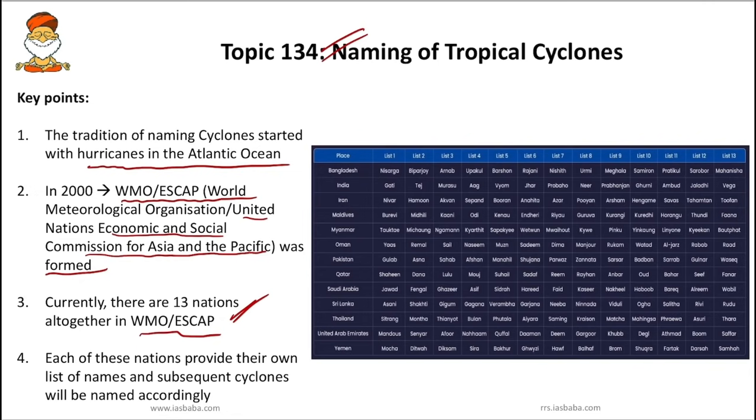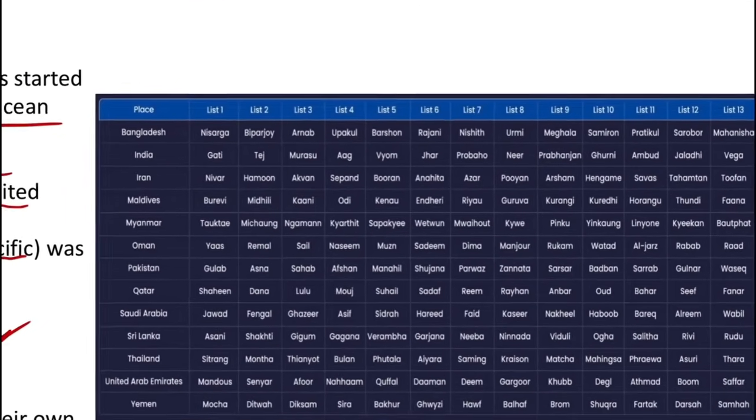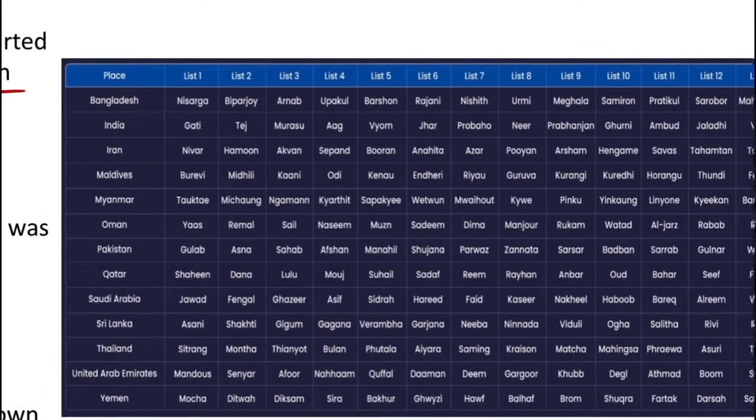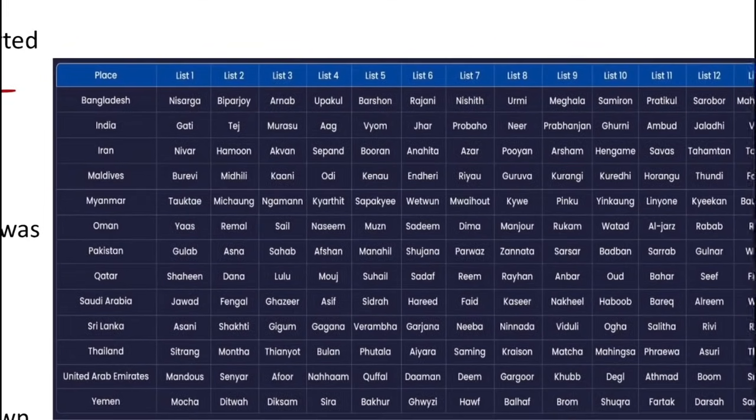These 13 nations provide the names. Each of these 13 nations provides its own list of names which would be clubbed together to form one single sheet. As you can see in this figure, there are 13 different nations and they have given 13 different names.